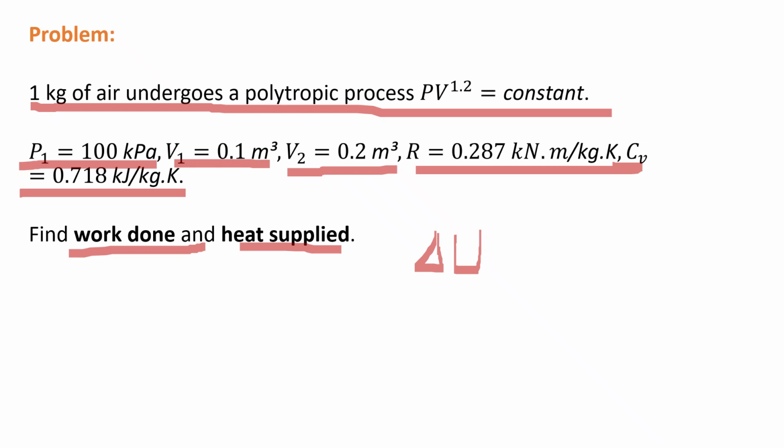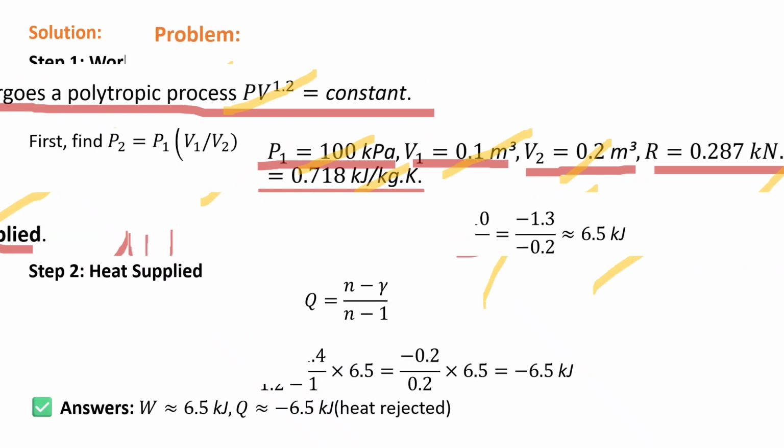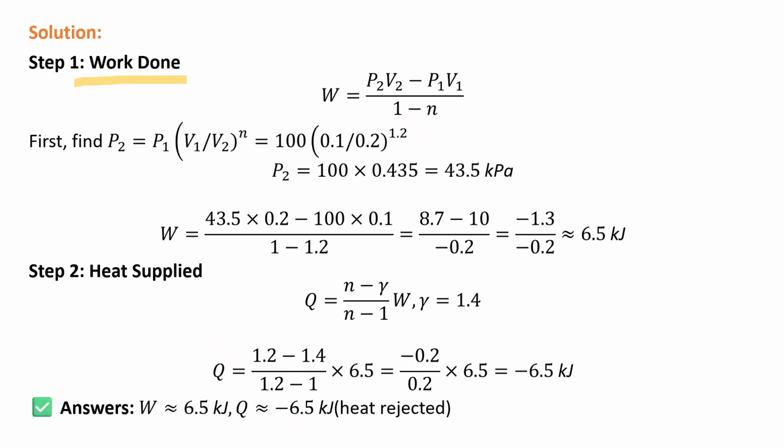So here mass is given, that is 1 kg. PV^1.2 is constant. Initial pressure is given. Volumes are available. R value is given. Cv value is given. We have to find out work done and heat supplied. So first is the work done part. W equals (P2V2 minus P1V1) divided by (1 minus n).